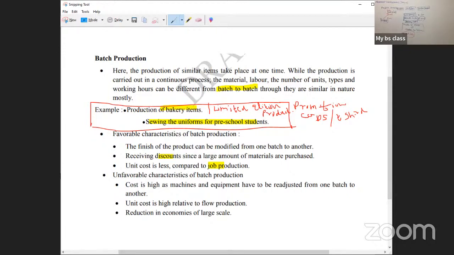Here, one example is limited edition products, like shoes, vehicles, limited edition. They don't make many of those product; they make only a few. That goes to the batch production method, right? There are things like that, especially watches, cars, shoes. Limited editions are produced only in a small quantity. Right, so next one is flow production.